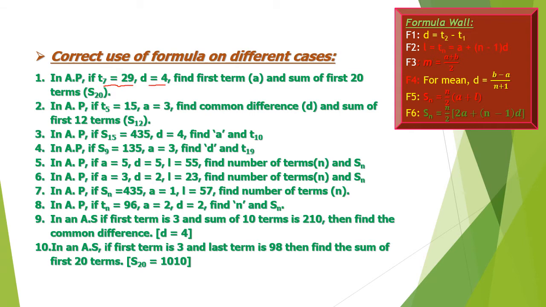Here we can easily find the value of a, because we use formula 2. We have the value of n, that is 7, and the value of d. Now only one unknown will be a, so we can easily find the value of a, and we can find the sum up to 27. So this will help you understand the proper use of the formula, and it will help you to remember the formula also. So I request you to do all these questions.